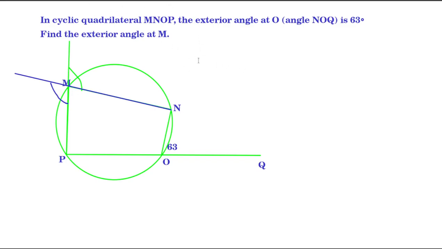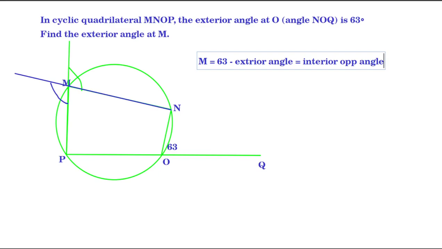So in doing that, angle M is equal to 63 degrees. The reason: the exterior angle is equal to the interior opposite angle. Then from there, this angle here we are actually looking for, let's call it X. If you like, it could be this one, either way.